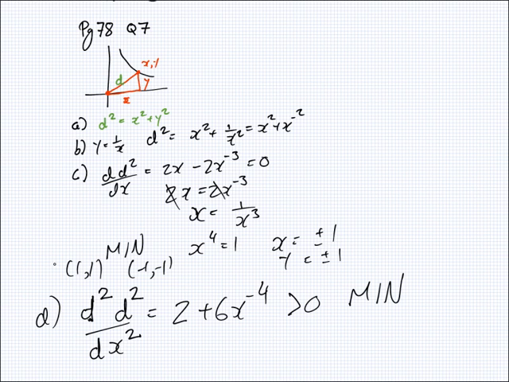You can sub them back in, or you can even just draw the triangle. There's (0, 0), and there's the first answer, and the other one is down here. What's this distance here, using Pythagoras? Root 2. And here it'll be root 2 as well.